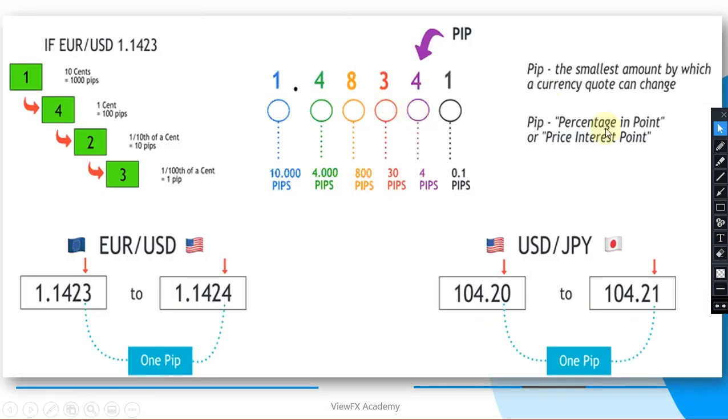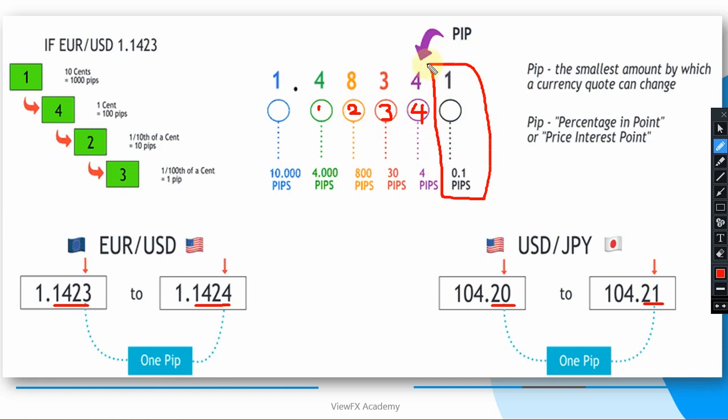So here is a kind of summary for everything. This is a JPY pair. Consider the 2 digits after the decimal. Here is a non-JPY pair. You consider 4 digits after the decimal. So when we move from 23 to 24, it's a 1 pip movement. And when we move from 20 to 21, it's a 1 pip movement. And like I always say, 1, 2, 3, 4 is what we need.